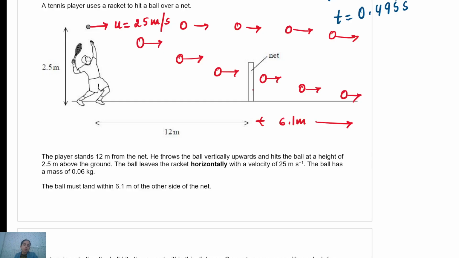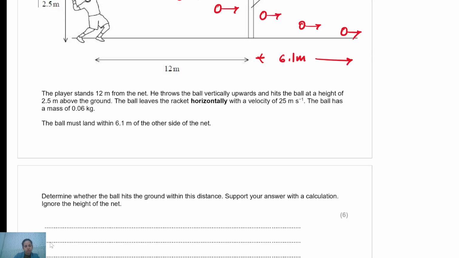That is fixed, 2.5. By the time it comes down by 2.5 meters, can it reach up to 6.1 meters? I think that's the question: it hits the ground within a distance. So it has again become straight lines, but in 2 directions, both x and y.